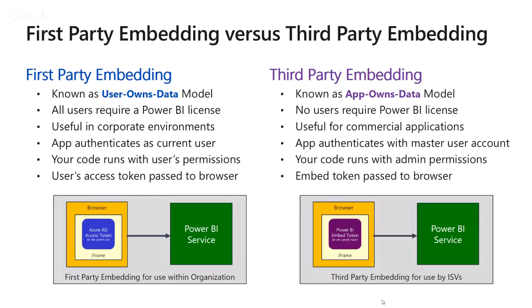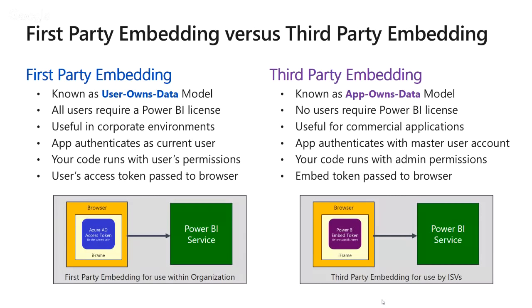same master user account. One of the issues with the master user account is that it's all powerful in that app workspace. So the last thing we want to do is take an Azure AD token for an administrator and pass it back into the browser of 100 different users. So with Power BI, we create something called an embed token. You have the Azure AD token, and then you use it to get the embedding information for a report.